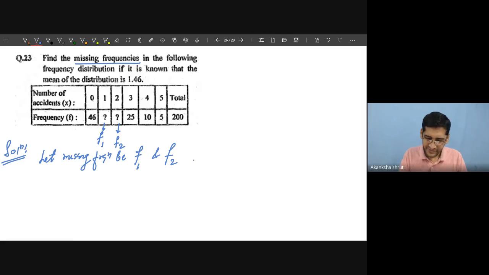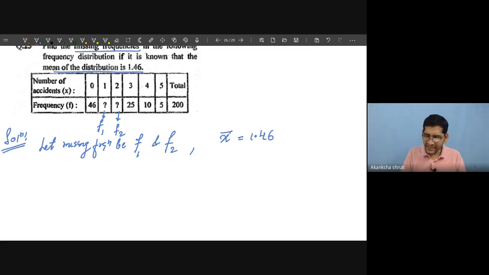Then also it is given that the mean of the distribution, x bar, is 1.46.